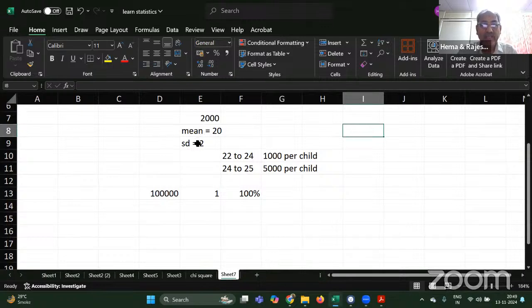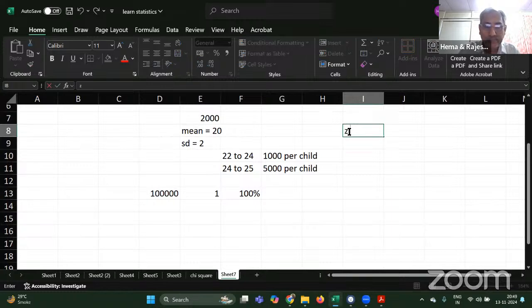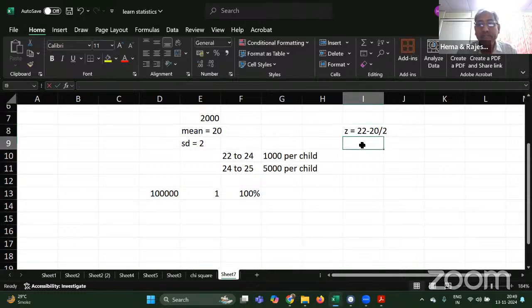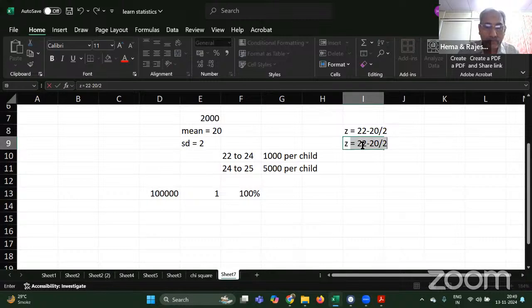Z is equal to 22 minus 20, divided by the SD, which is 2. So in this case, Z is equal to 1.